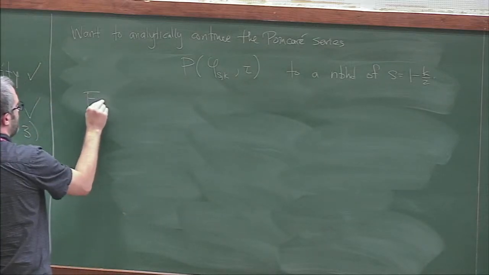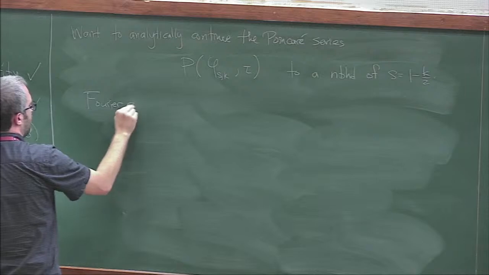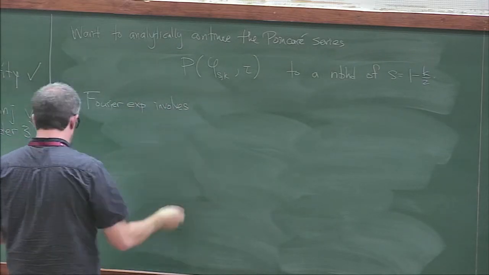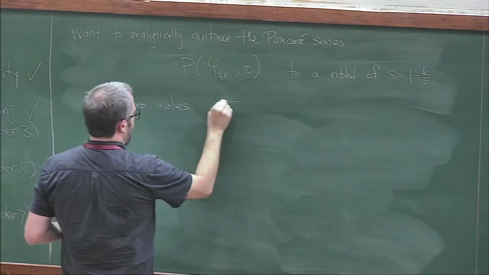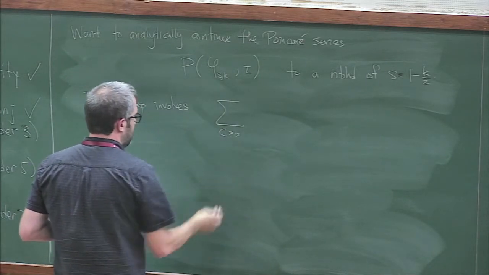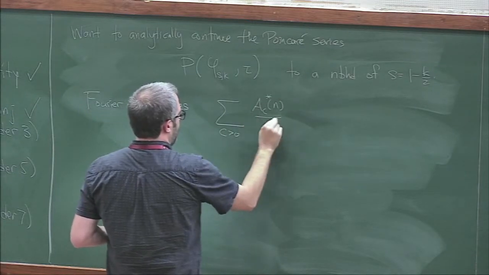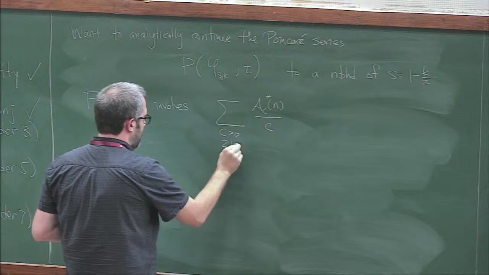So the Fourier expansion involves something that looks like a sum over c bigger than 0 of A_c of n star over c. Oh, I guess I need to divide by c here.